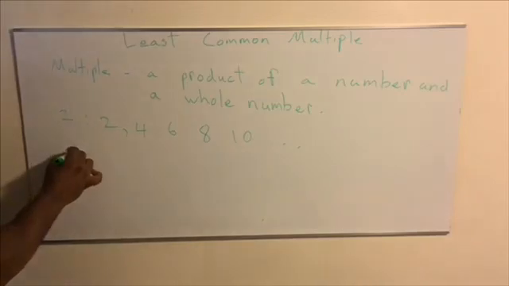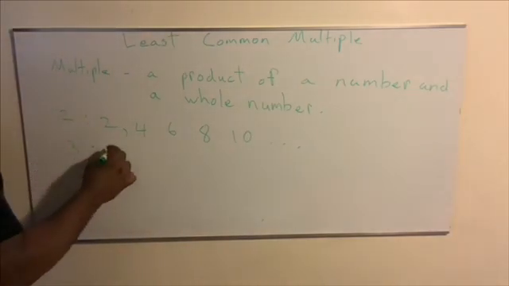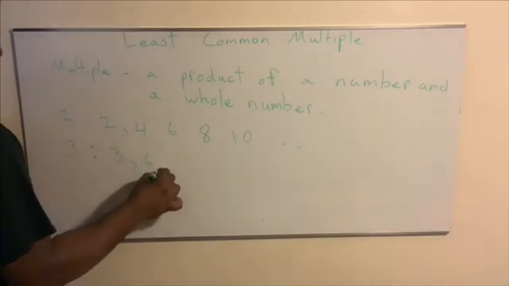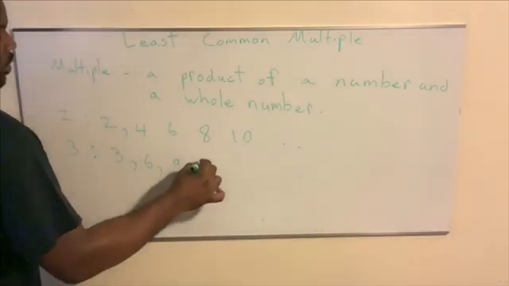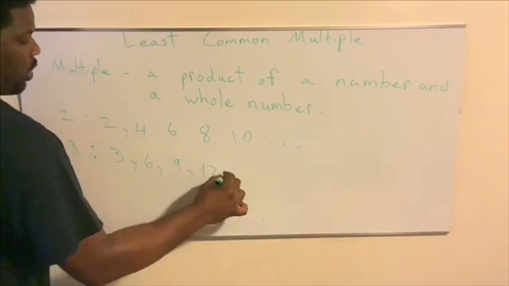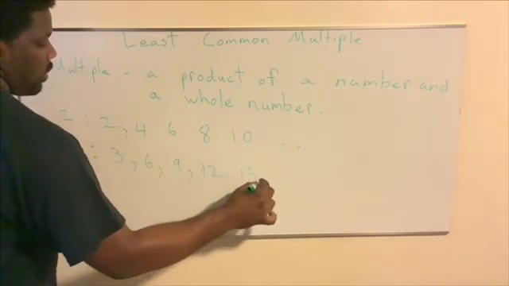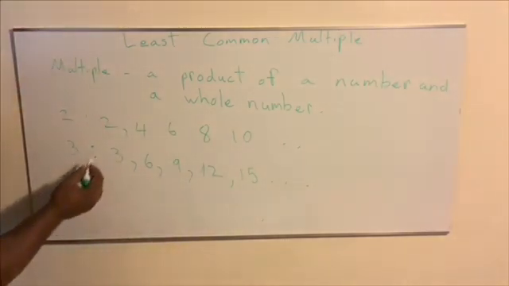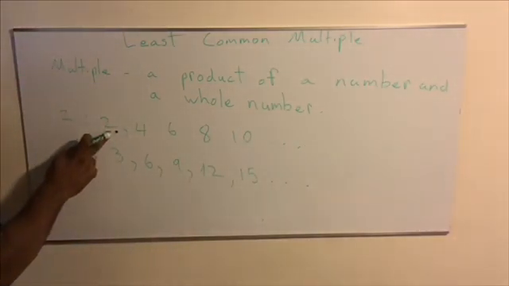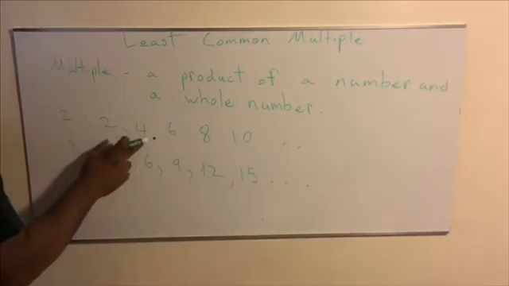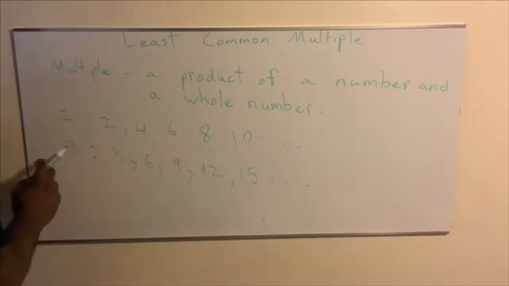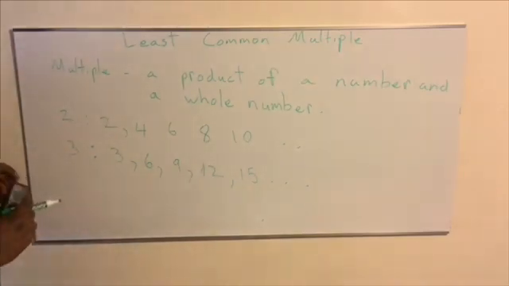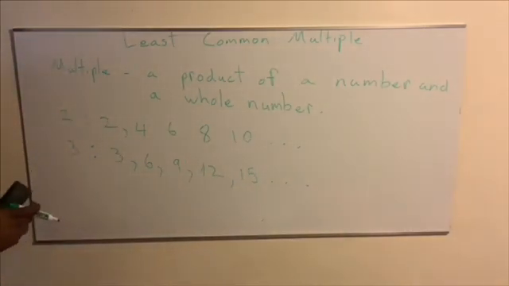Multiples of 3 are 3, 6, 9, 12, 15, and so on and so on. 2 times 1 is 2, 2 times 2 is 4, 2 times 3 is 6. So a number and another whole number, that's how we get multiples. This is what our times tables are based off of.